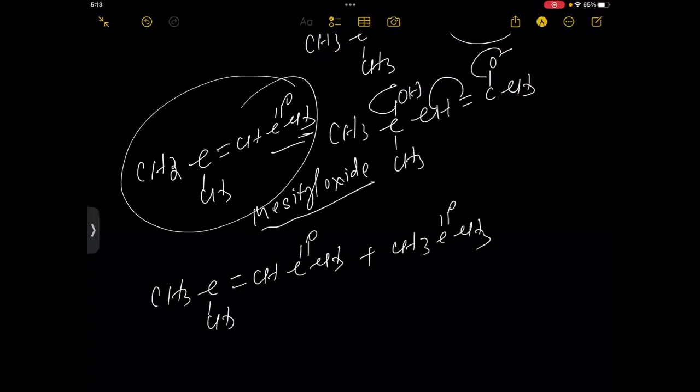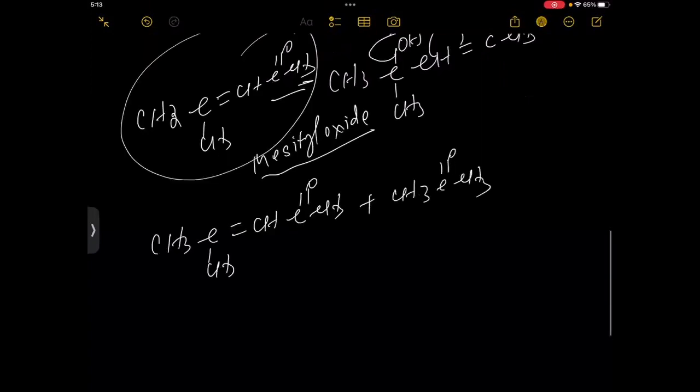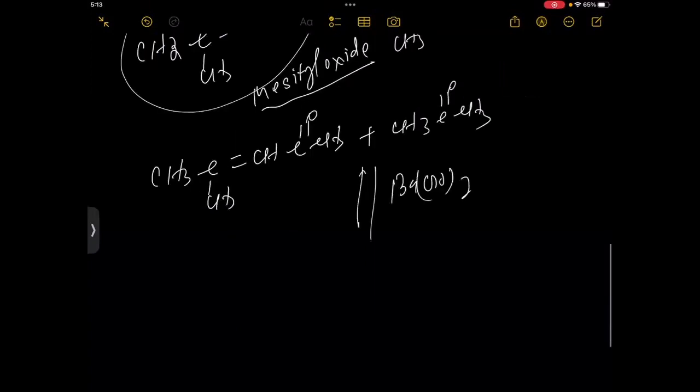then mesityl oxide will again react in the presence of barium hydroxide, and what will happen? I write directly here that the acetone will generate a nucleophile, and that will attack here. The hydrogen will come here.